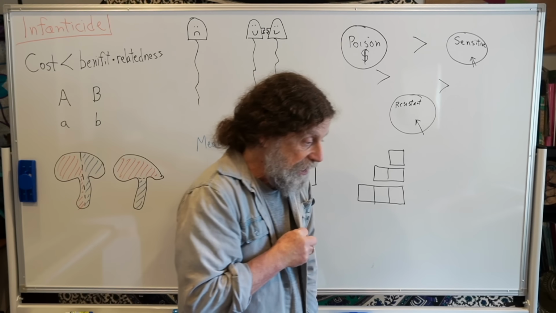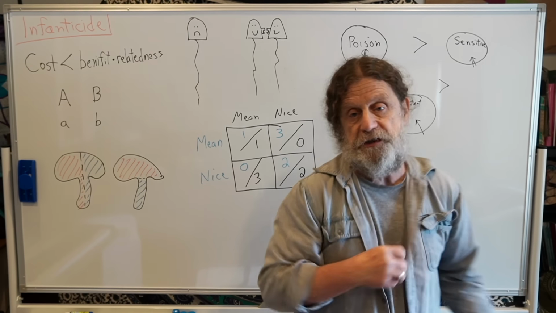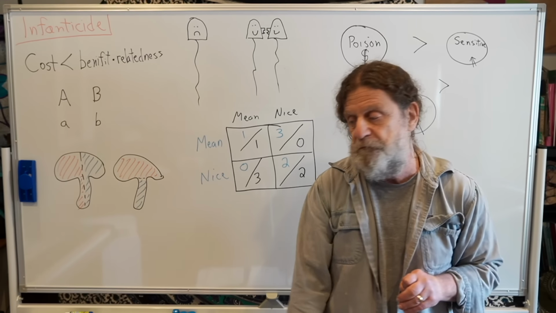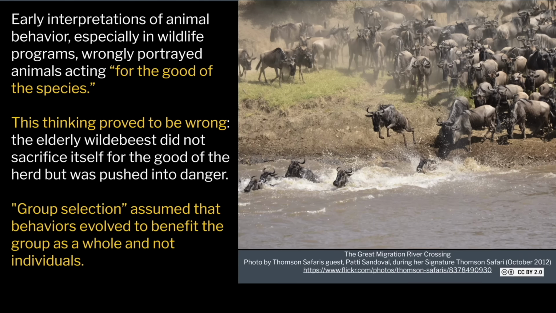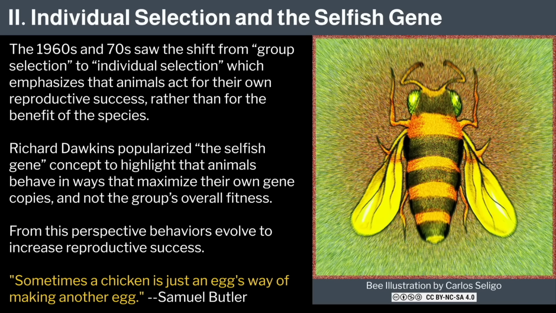And as such, this brought forward this first megalith of explaining everything, what was termed individual selection. Richard Dawkins, Oxford zoologist, writer extraordinaire, coined the term the selfish gene to catch this notion. Animals are not behaving for the good of the group, they are behaving for leaving as many copies of their genes as possible in the next generation.